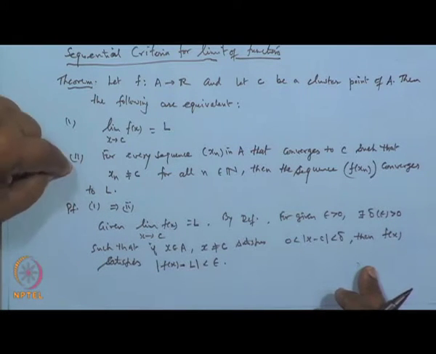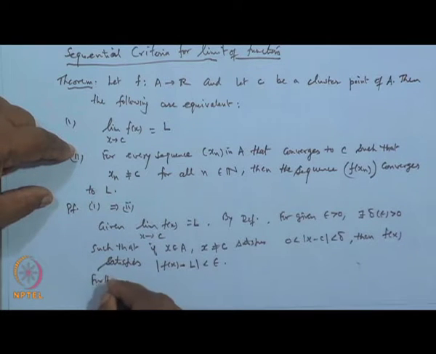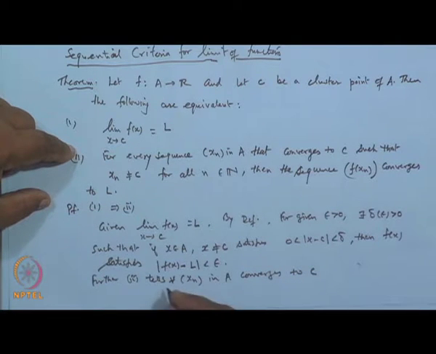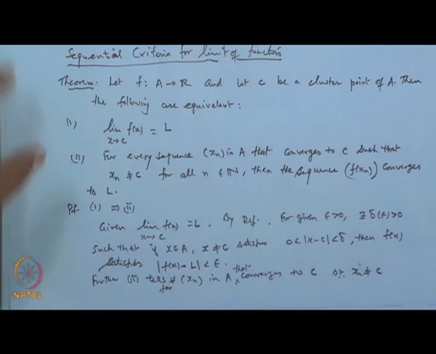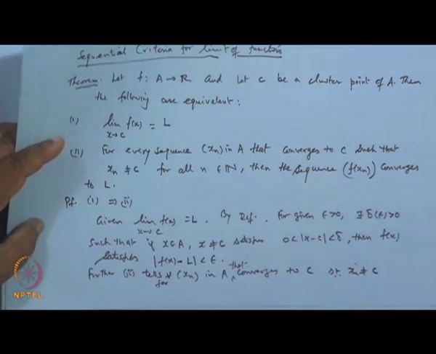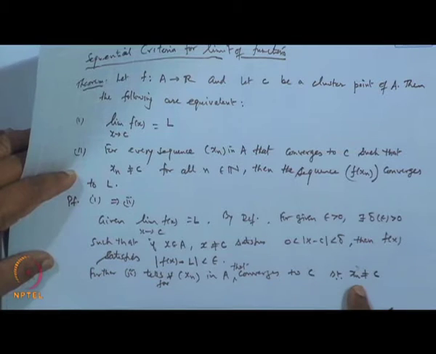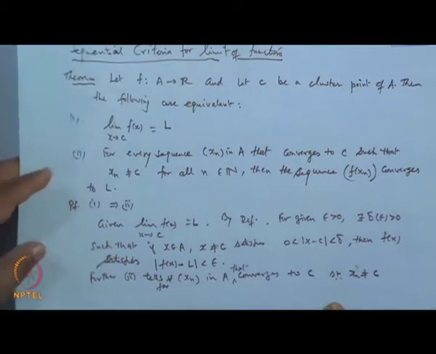Now, let us say the 2. From 2 what is known is that we have a sequence x n that converges to C. So, given further from 2, for every sequence x n in A that converges to C, such that x n is not equal to C. When x n converges to C, it means for a given small number, say delta, we can identify a K such that when n is greater than K, mod of x n minus C will remain less than delta.